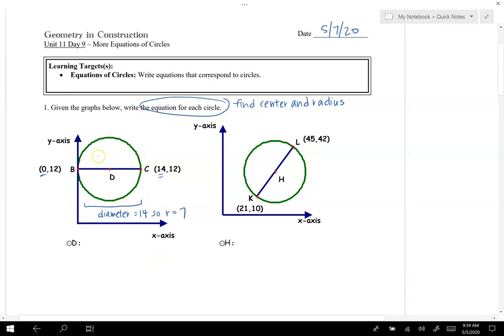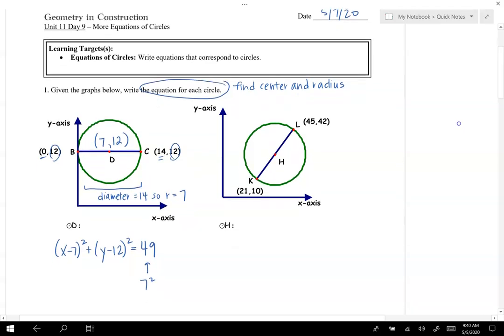My center is right in the middle, and since it's a horizontal line, I know my y-coordinate still has to be 12, so it's got to match these. And then my x-coordinate has to be the middle number between 0 and 14, which is also 7. So here's my equation. X minus 7 squared plus y minus 12 squared equals 7 squared, so 49. Remember, that is 7 squared there.